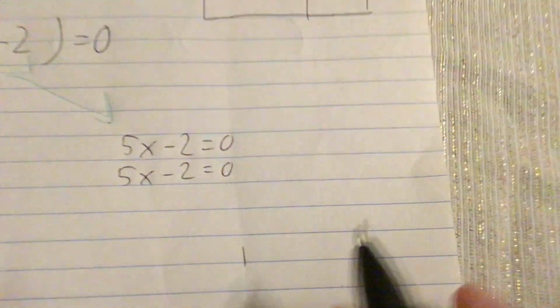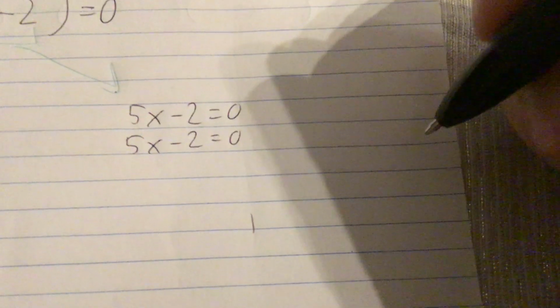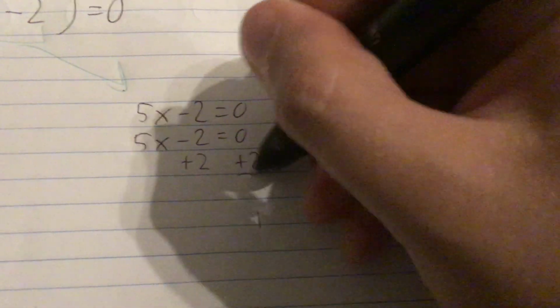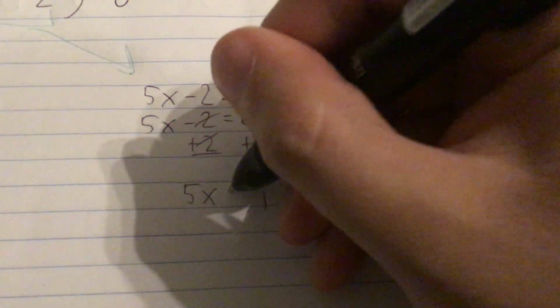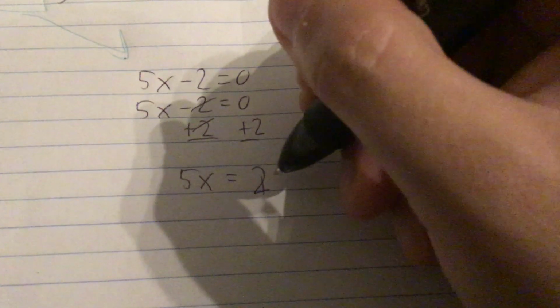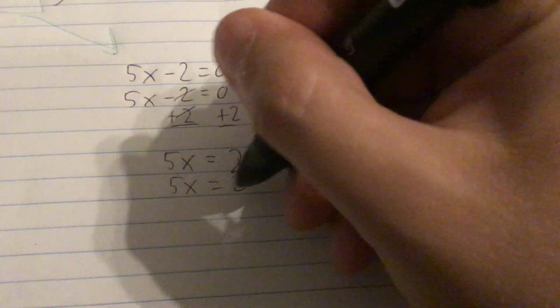We have to move on to the right side now. 5x minus 2 is equal to 0, so I'm going to add 2 on both sides. So now I get 5x is equal to 2. Divide both sides by 5.